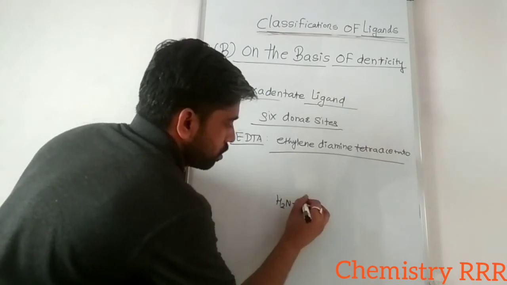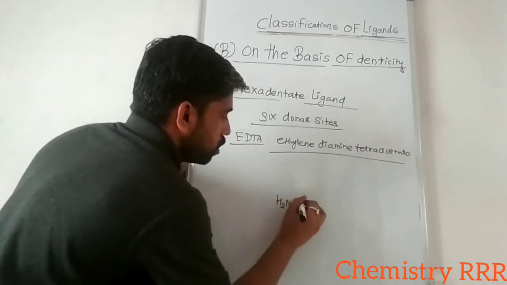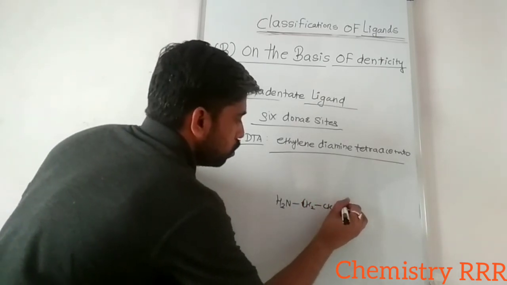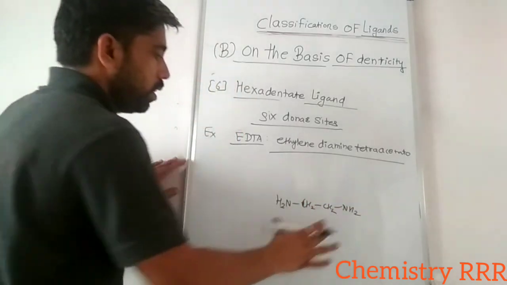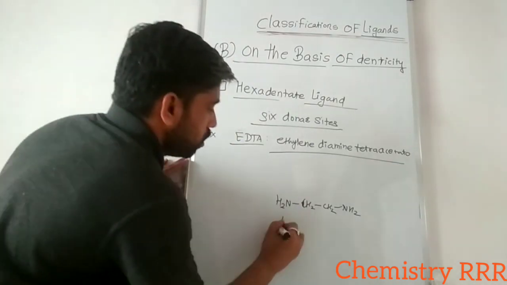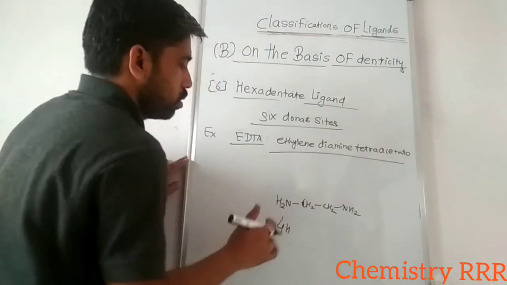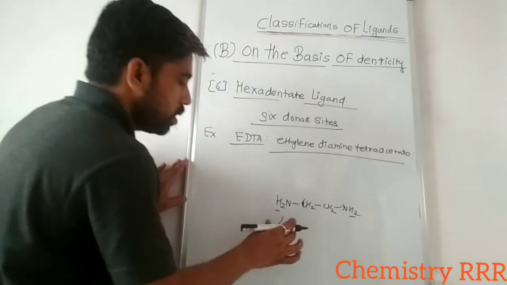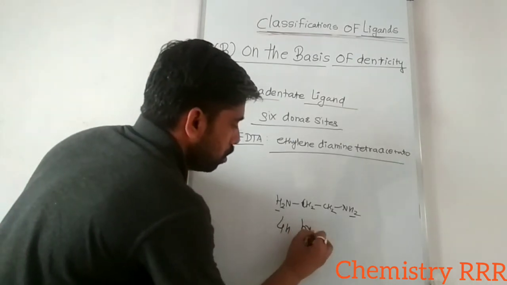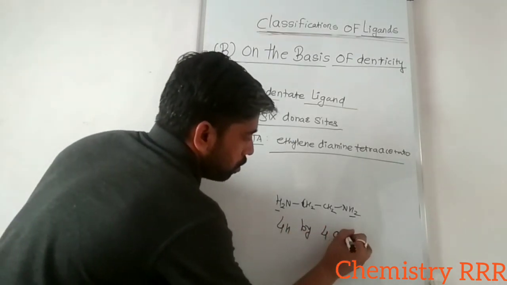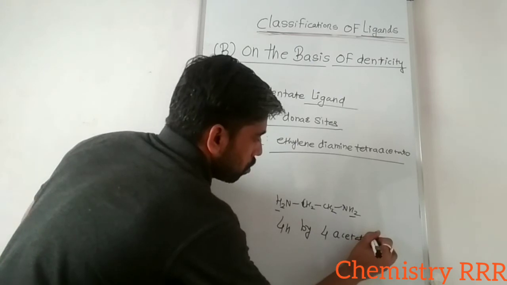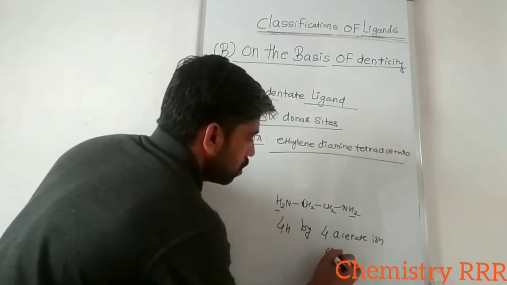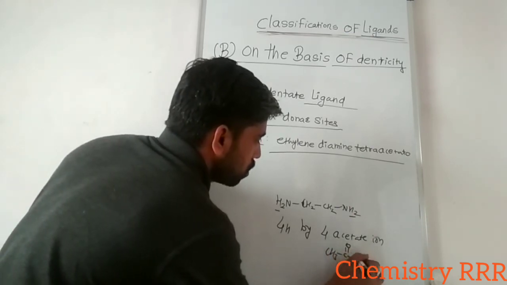Draw the structure like this: NH2, CH2, CH2, NH2. This is our ethylene diamine. Replace the 4 hydrogens attached to the nitrogens, 2 on this side and 2 on this side, by 4 acetate anions, CH3C double bond O, O minus.